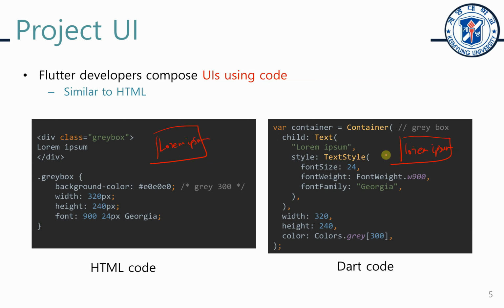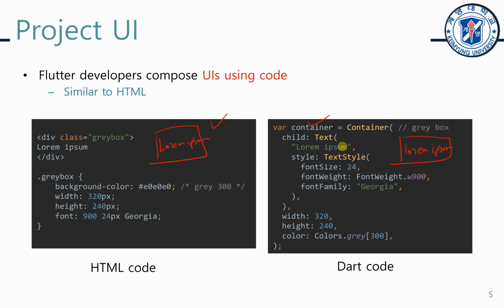So this one creates it in HTML, this one creates it in Flutter. In HTML I say, okay, create a division using this class, and this class defines the background of the rectangle, the height and the width, and the font used in this rectangle.